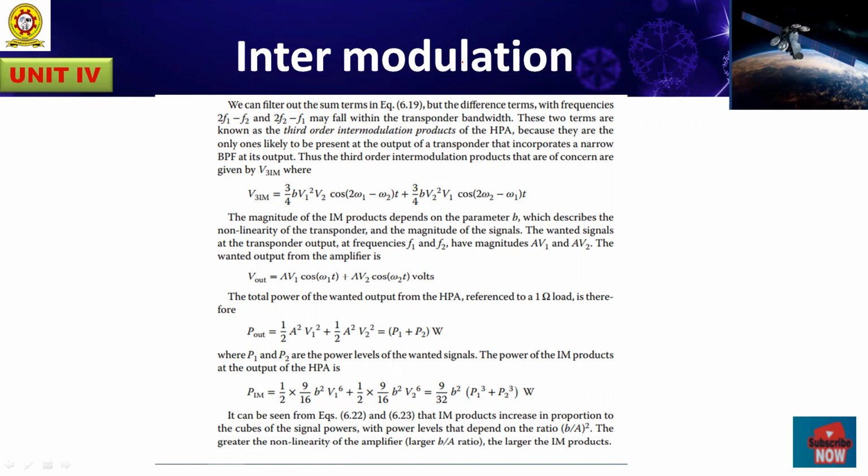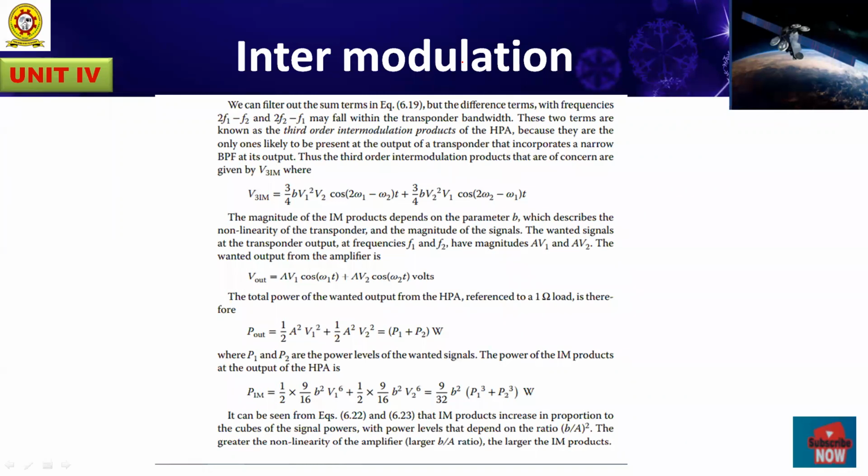It equals the summation of individual components: A square by 2 V1 square plus A square by 2 V2 square. Therefore P out equals the two individual wanted signals P1 plus P2. Sometimes in this way we are also able to calculate the power for the required baseband signal.